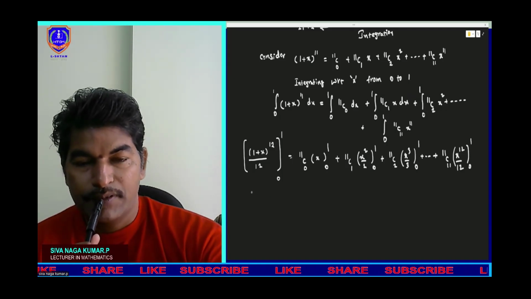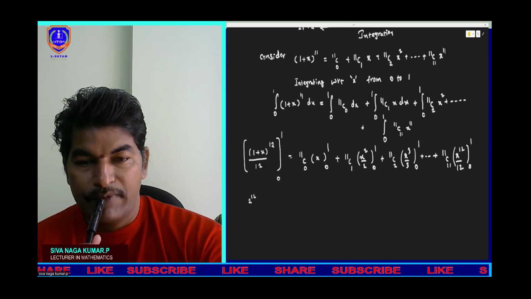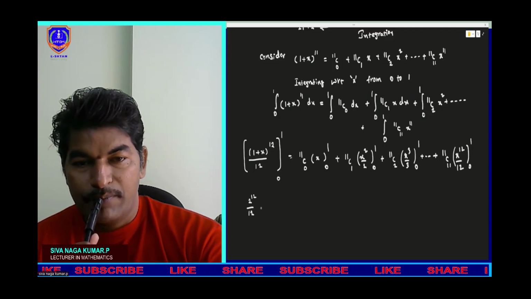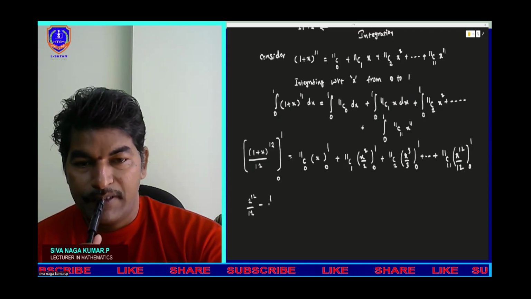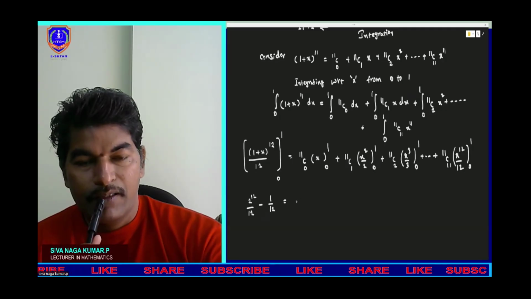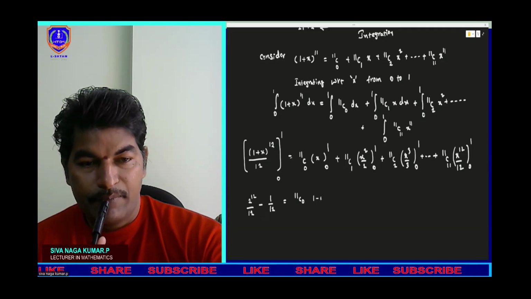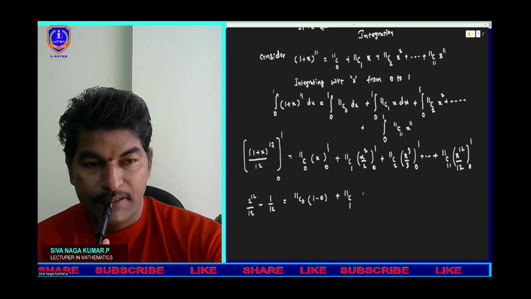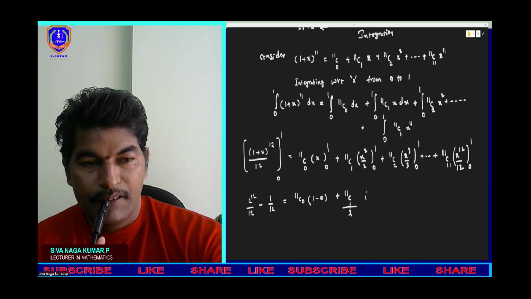Let's substitute and apply the limits here. It will be 2 power 12 divided by 12 when you substitute the upper limit x value 1, minus the lower limit, which is 1 by 12. 11C0 we keep the same, and 1 minus 0. Plus here also we do the same, 11C1, of course we keep this 2 here, and 1 square minus 0 square.